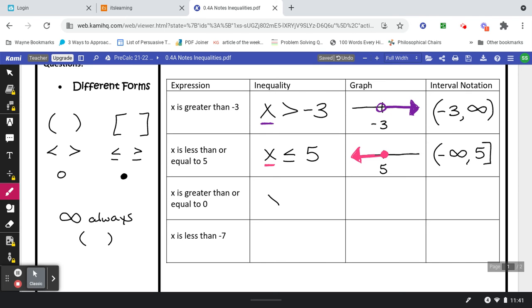The next problem, x is greater than or equal to 0. Quick number line with a 0 in the middle. Closed in. And again, pointing to the right, as long as the x is first, it's going to point the same way the arrow is going.